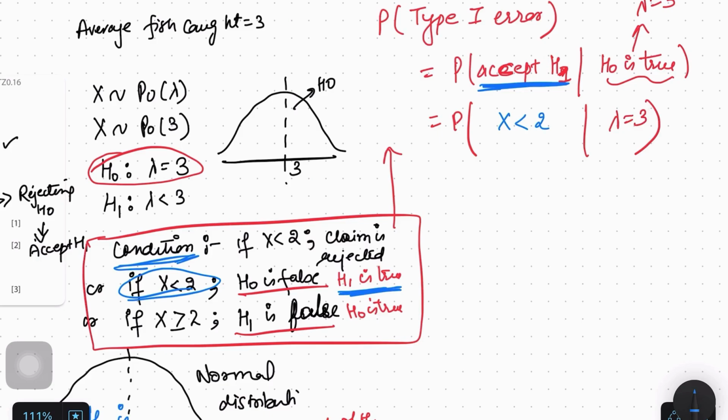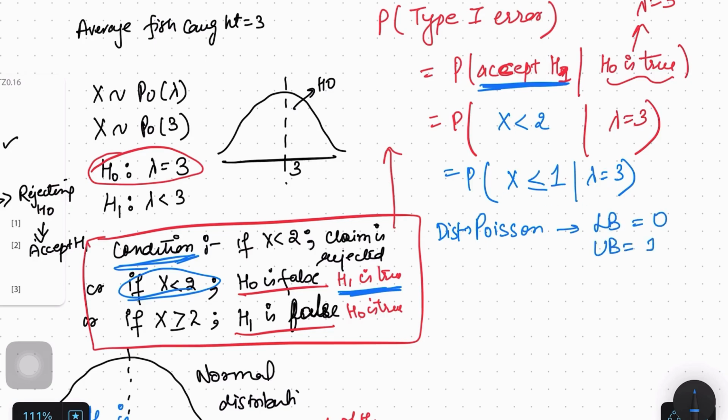I always say try to rewrite this claim in terms of the symbols. The claim is rejected means that H0 is false, and always create the supplementary negative statement of it.